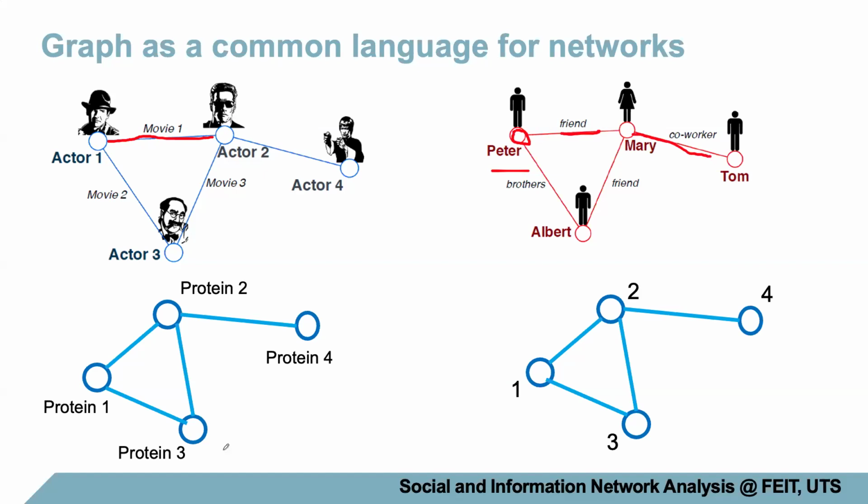Also, a graph can be used to describe protein interactions. The node represents a protein, and the edge represents the interaction between the proteins. So a graph can be this common language to describe networks.